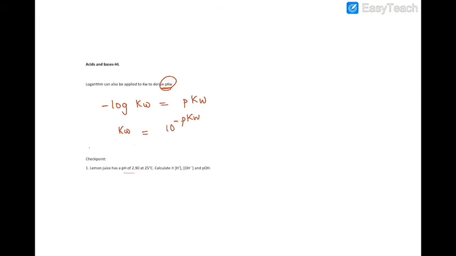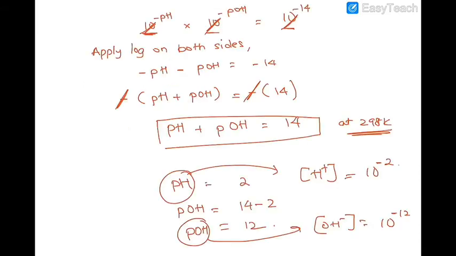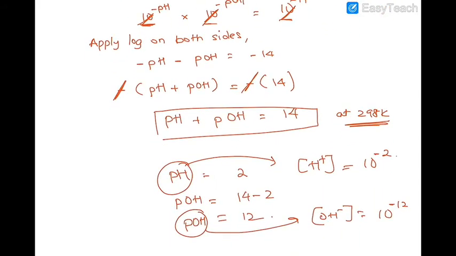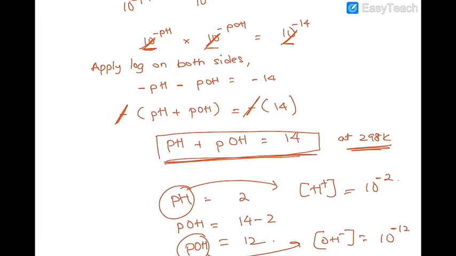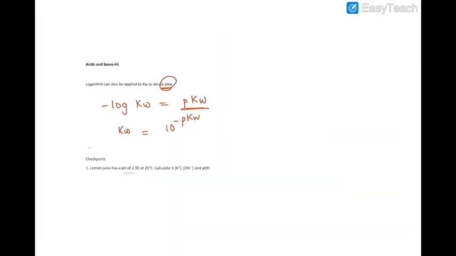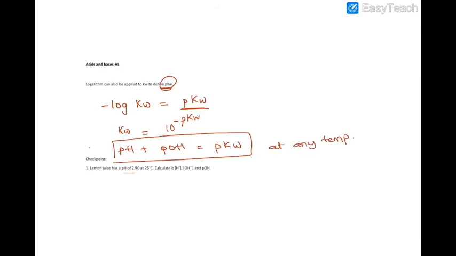Now, once we have calculated pKW, we can have the same workout as this. You don't need to know the derivation. You just need to know this expression. If we derive it the same way, we have the expression pH plus pOH is equal to pKW, and this applies at any temperature, because at different temperatures we'll have different kW values, so we'll have different pKW values.